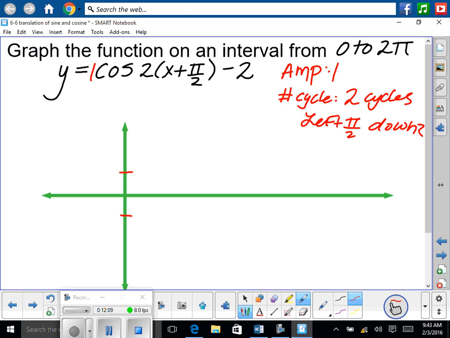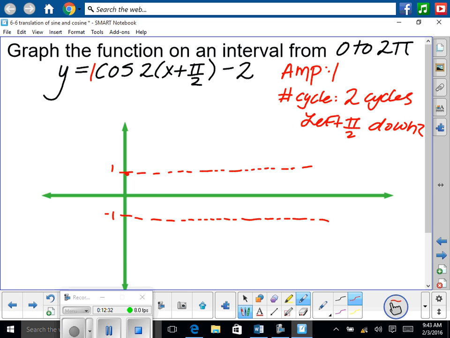So 1 and negative 1. I'm going to draw that in. Keep your lines as straight as you can, because it gets really confusing with so much going on in a second. The prettier you draw your picture, the easier you are making it on yourself. Okay, so now I'm going to draw in the cosine, and we're drawing in 2 cycles from 0 to 2 pi.